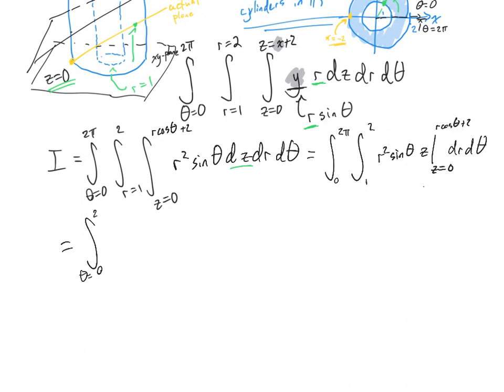So theta goes from 0 to 2 pi, r goes from 1 to 2, and now what I'm left with here looks like r cubed sine theta cosine theta plus r squared times 2 sine theta, when I evaluate at this for z.